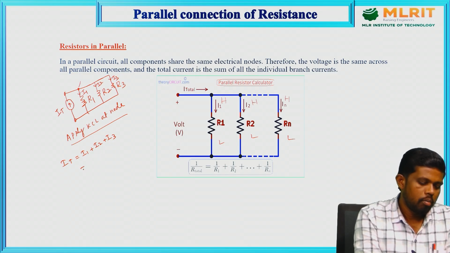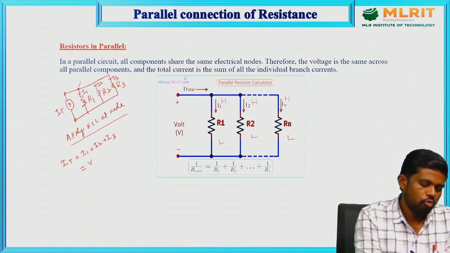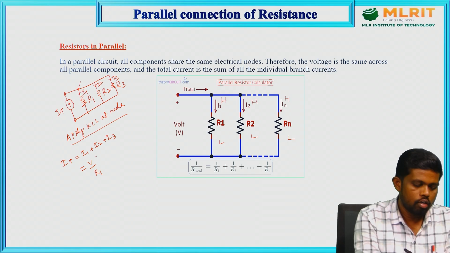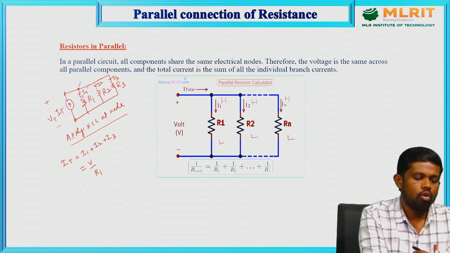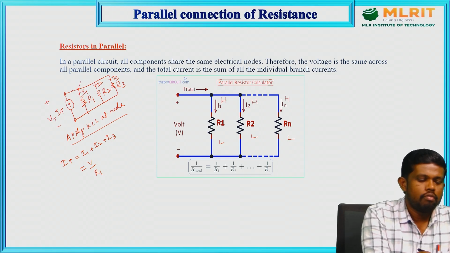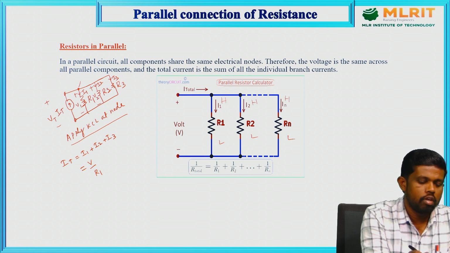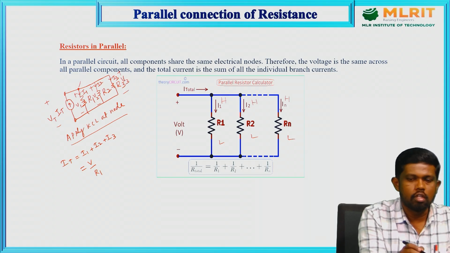Now we can replace the currents, such as I1 as V by R1. But before going to these terms, there is a hidden voltage source behind the current, that is V total. The same amount of voltage appears across the first element, V1, the second element, V2, and the third element, V3.